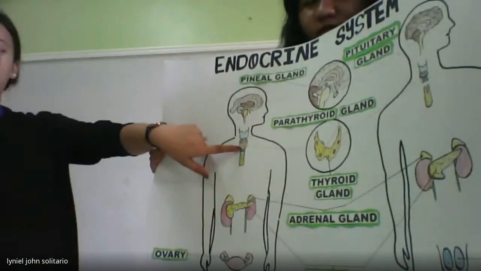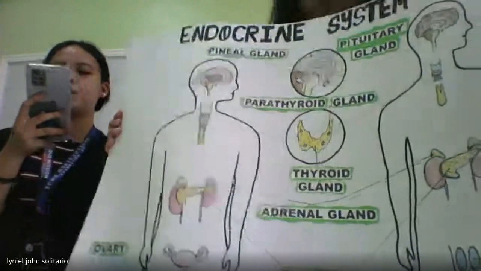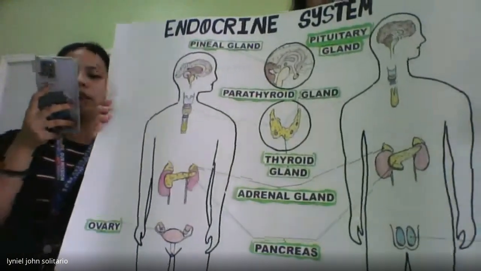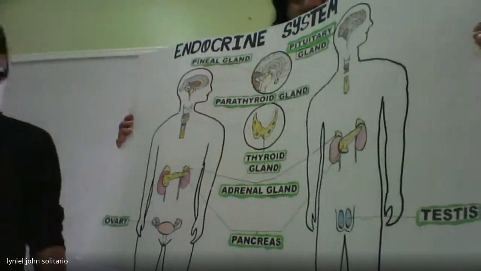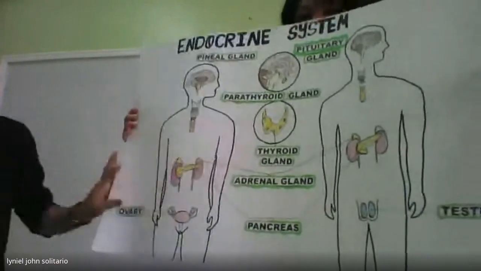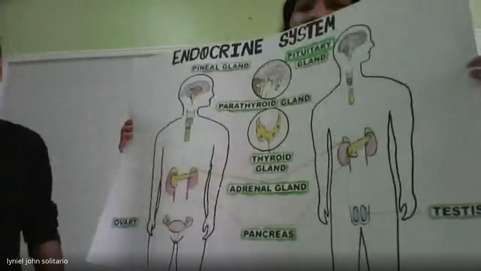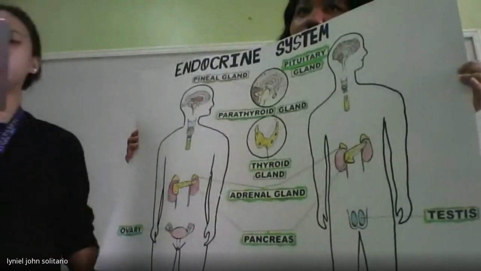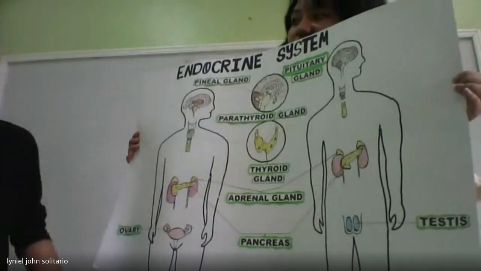The parathyroid glands maintain calcium and phosphorus balance in the body by secreting parathyroid hormone, which regulates calcium levels in the blood and bones. The thyroid gland produces and releases thyroid hormones that regulate metabolism, energy production, and influence various physiological processes in the body.